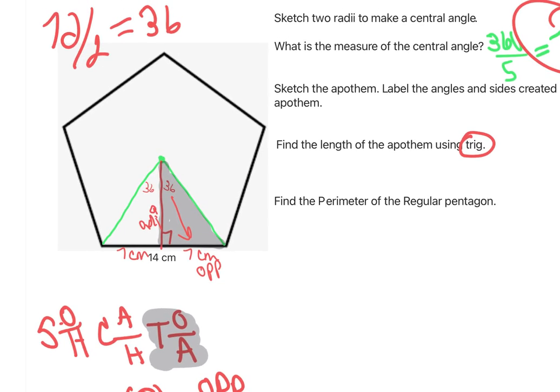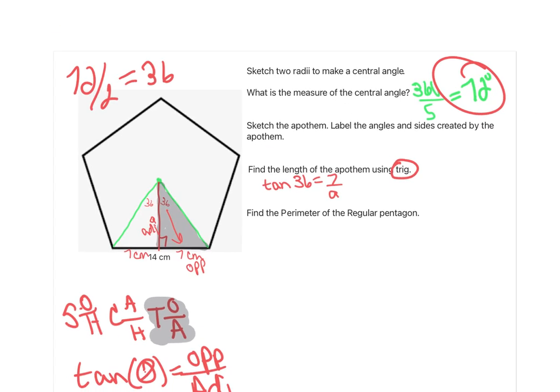So to figure out the length of the apothem, remember the tangent, the angle is always attached to the trig function, is going to be opposite, which is 7, over adjacent, which is our apothem. Okay, and again, just remembering that when the missing variable is in the denominator, we are going to divide the side length by our trig function.